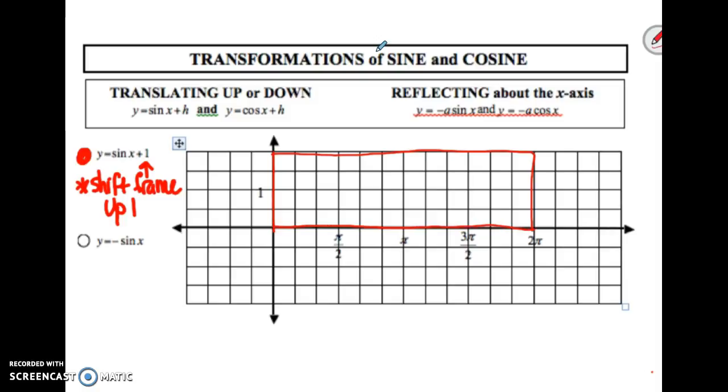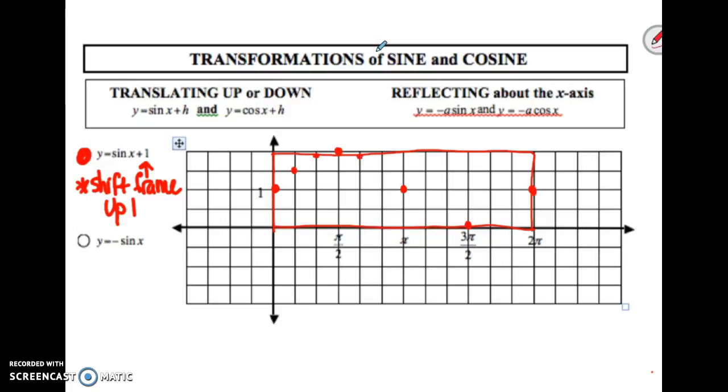But now my job is to just sketch that wave shape inside of this picture frame right here. So it's going to start down here, and then in the middle, I'm going to be crossing back at the center again. And then at the end, I'm going to end up at the center again of my frame. And then halfway here, I'm at the top. And halfway here, I'm at the bottom.